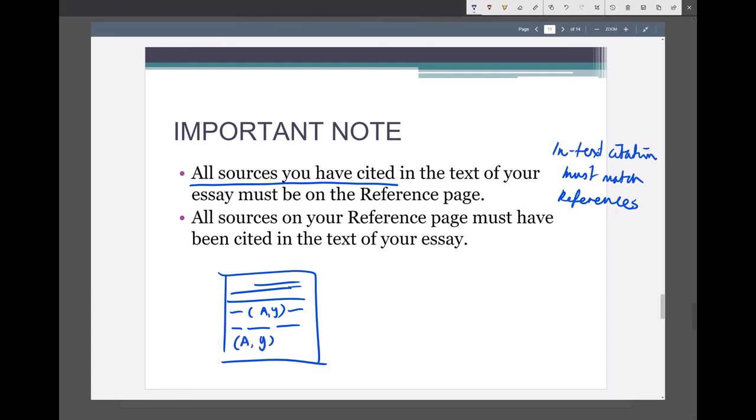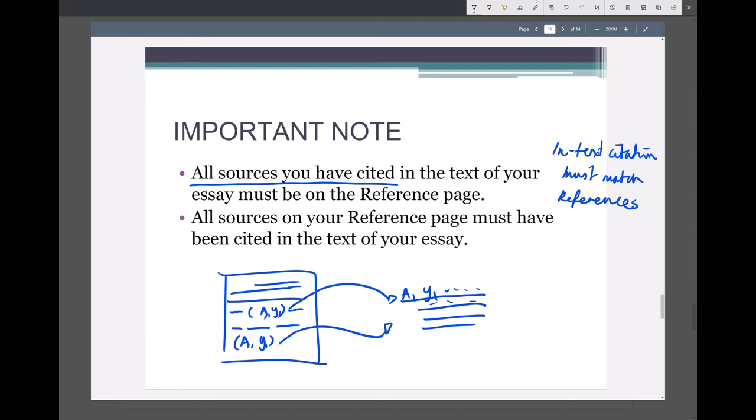Now you can have more than one citation from a source, but they should match. Let's say if these are all from the same source, then you would list the source here like that. So let's say this is author 1, year 1.